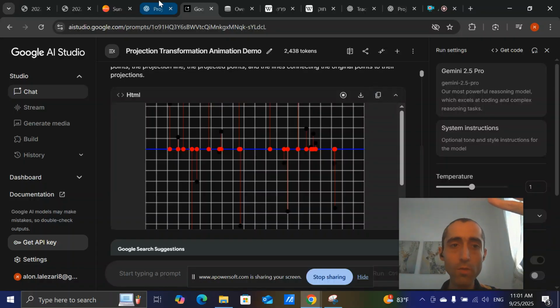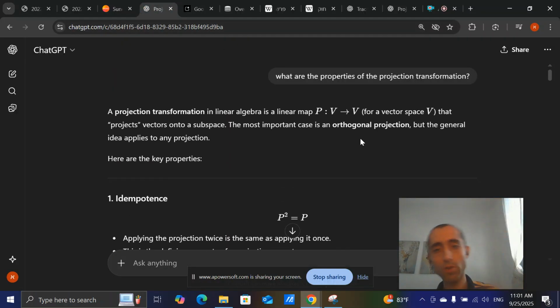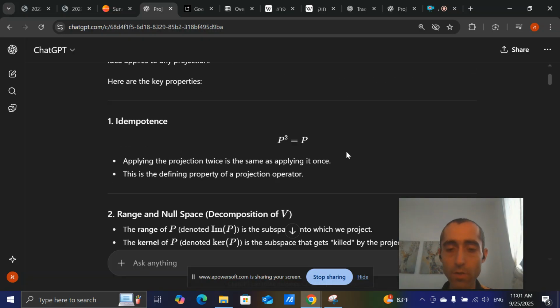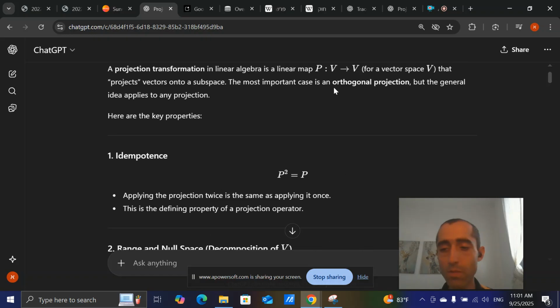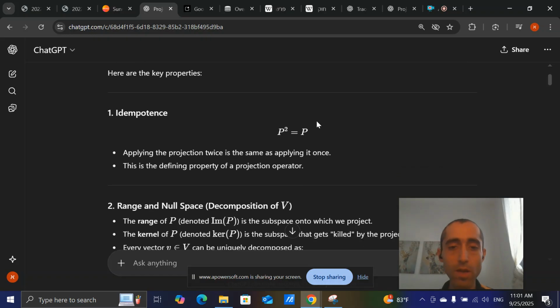Now let's go through the properties of the projection. Projection is a linear transformation going from a space to that space, and there are some very nice properties. The first one, a very important one, is idempotence, which says that if you take the projection transformation and raise it to the power of 2, you get the same as the projection.